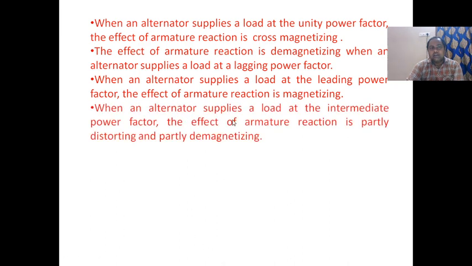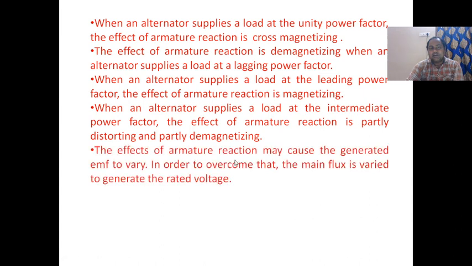When an alternator supplies a load at the intermediate power factor, the effect of armature reaction is partly distorting and partly demagnetizing. The effects of armature reaction may cause the generated EMF to vary. In order to overcome that, the main flux is varied to generate the rated voltage.